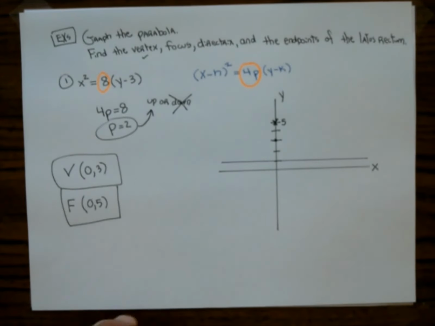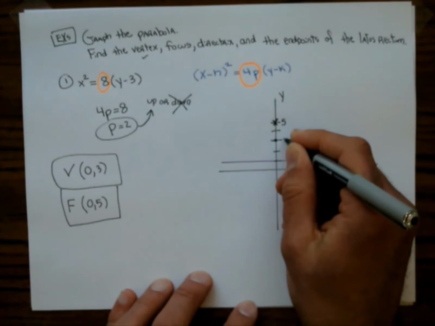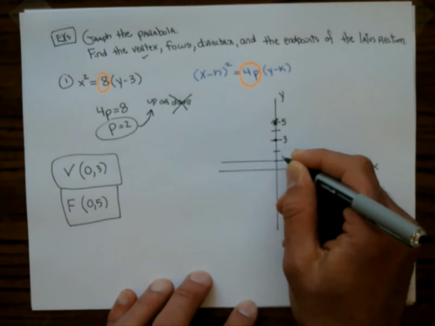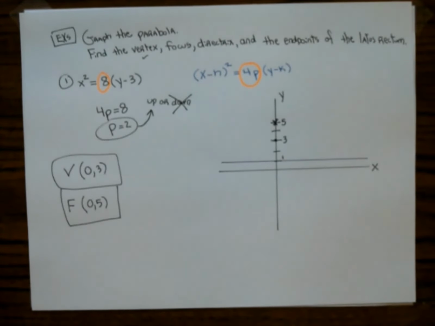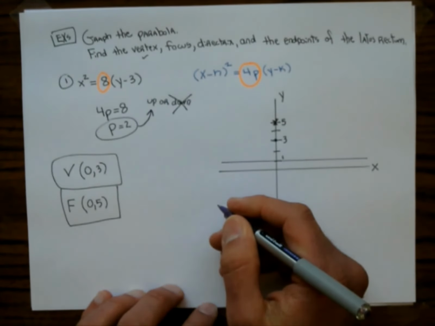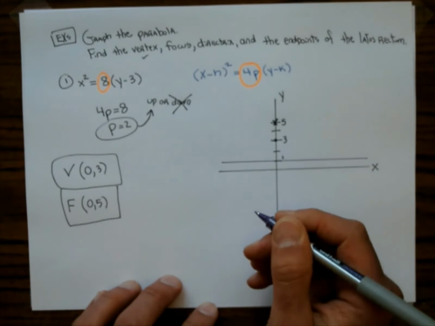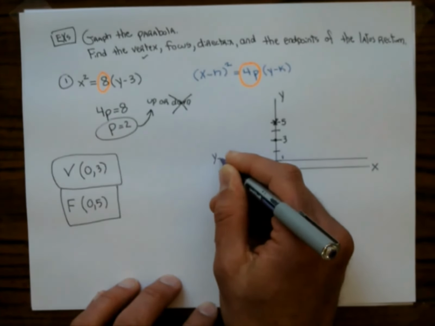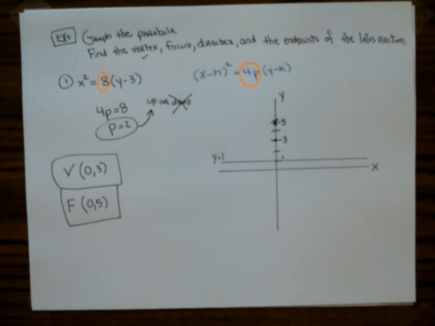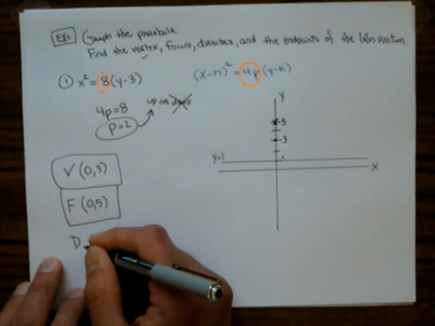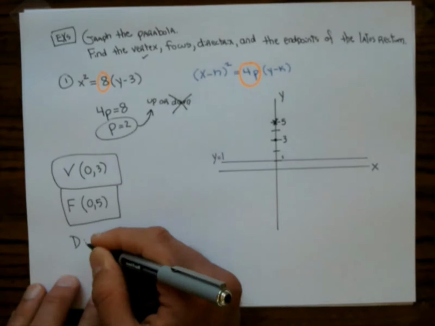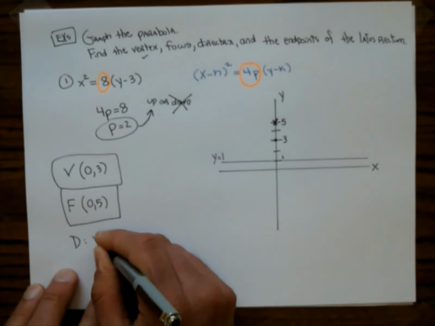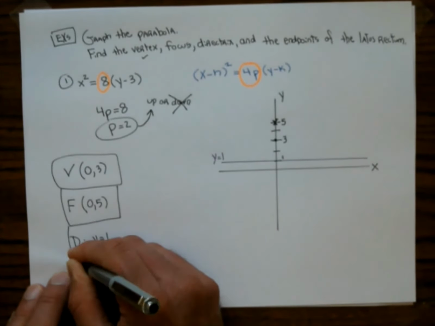And that happens to be, so this has 3 and this is 1. So the directrix is at 1 and it's a horizontal line, it's y equals 1. So the directrix, I'll just write a D there. I'm losing my voice here. This is going to be y equals 1.